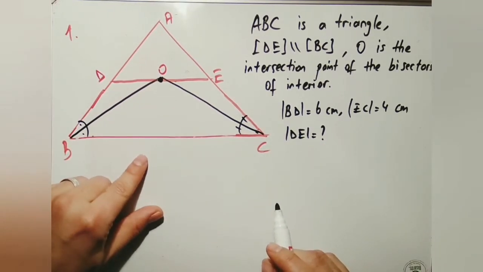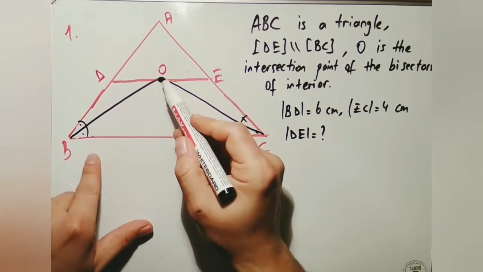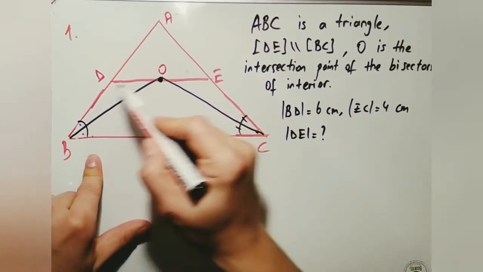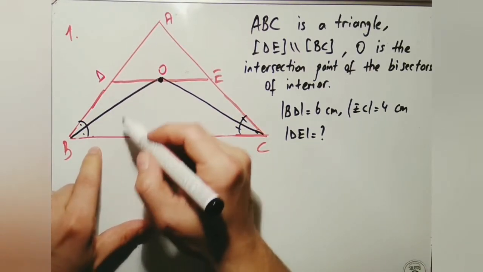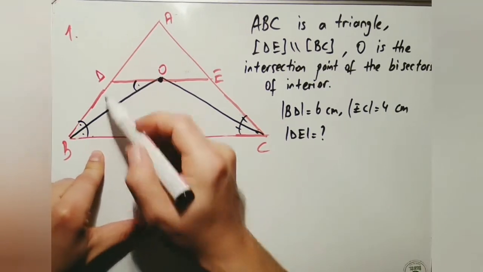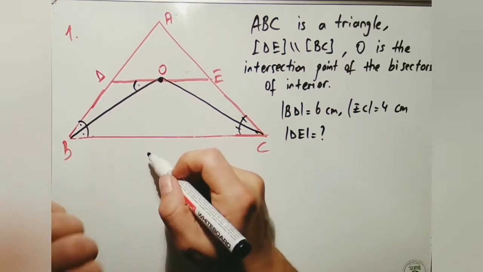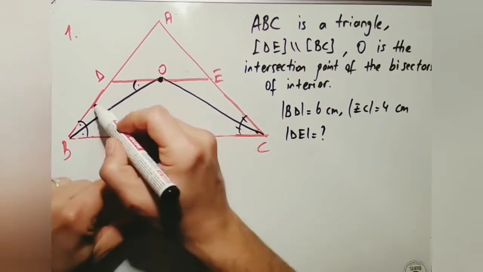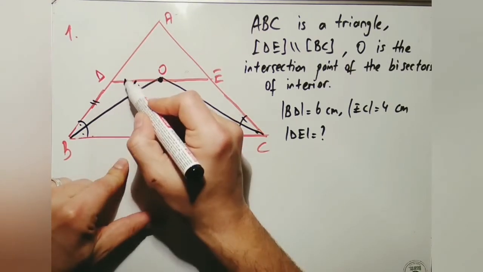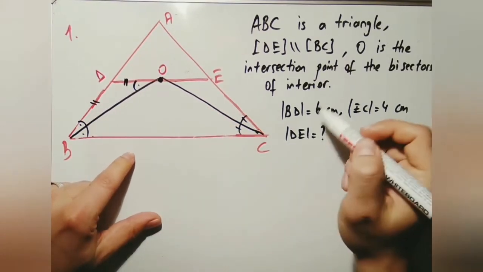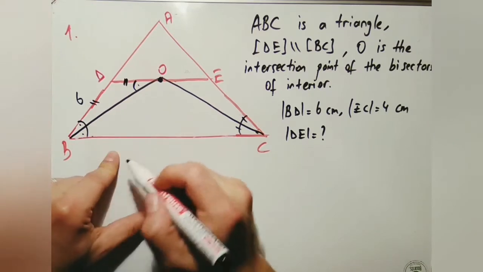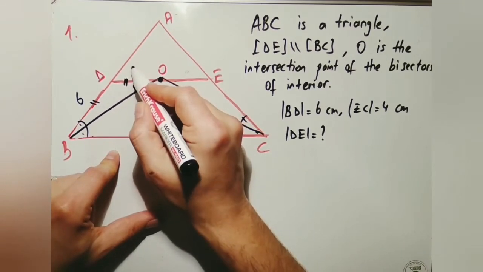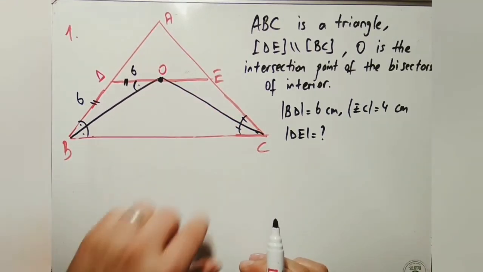DE is parallel to BC, so the measures of angle OBC and angle BOD are alternate interior angles, so they must be equal. So triangle BDO is isosceles. It means that the length of BD is equal to DO. BD is given as 6 cm, so the length of DO will be 6 as well.